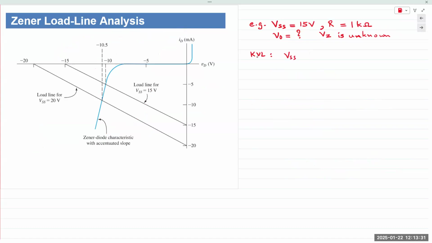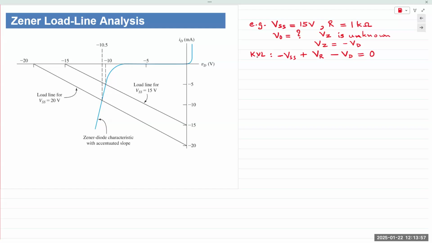So if I sum up the voltages, this is what I would get. Minus VSS, plus VR, voltage across the resistor R, and minus VZ or VD. In this case, VZ is equal to minus VD. So let me just write VD is equal to 0.